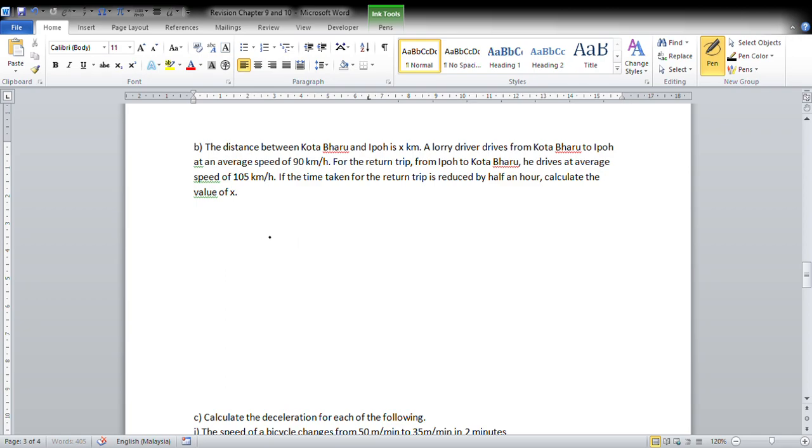First I write Kota Baru and then Ipoh. I draw a line where going is at 90 km per hour. For the return trip from Ipoh to Kota Baru, he drives at an average speed of 105 km per hour.